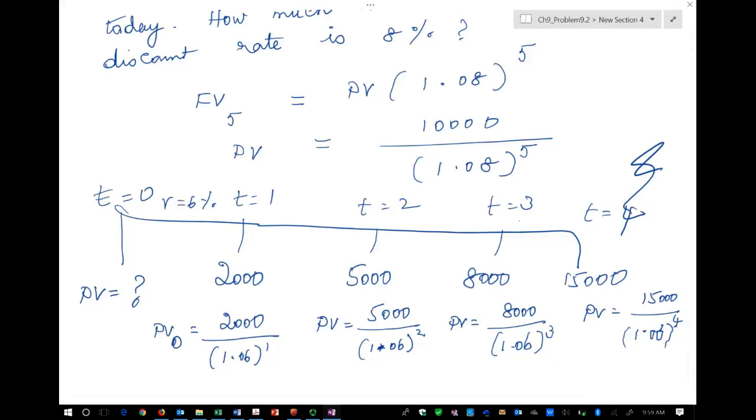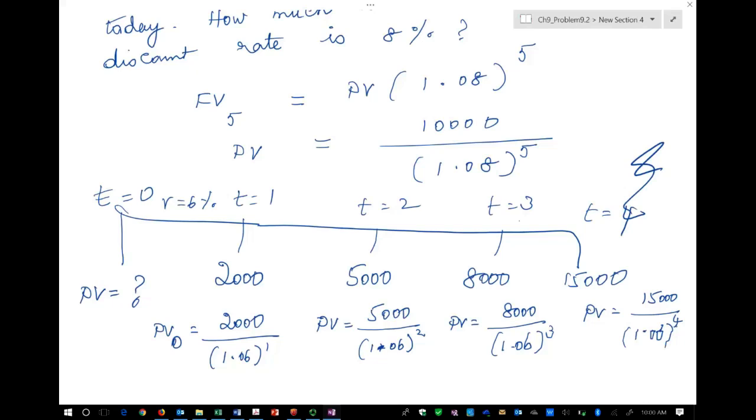Is everybody seeing this? This is what we call unequal cash flows. I receive various amounts at different points in time. You have to notice both: different amounts at different points in time. How do I value that today?